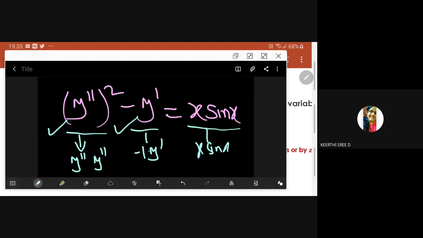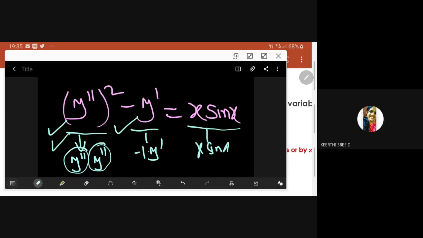In this term, you have two instances of y, and in both instances y appears as a second order derivative. If in all the terms y has at most one appearance, then it is called a linear one. Otherwise, it is non-linear. Here it appears twice, so this is a non-linear one.